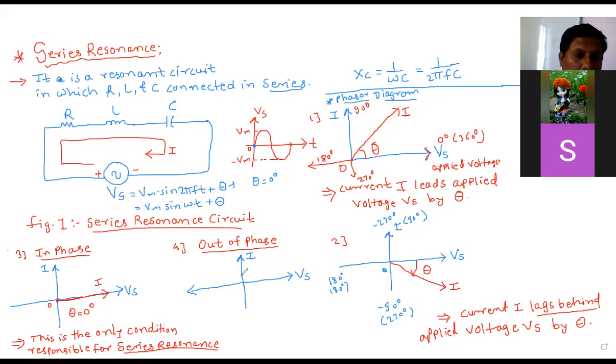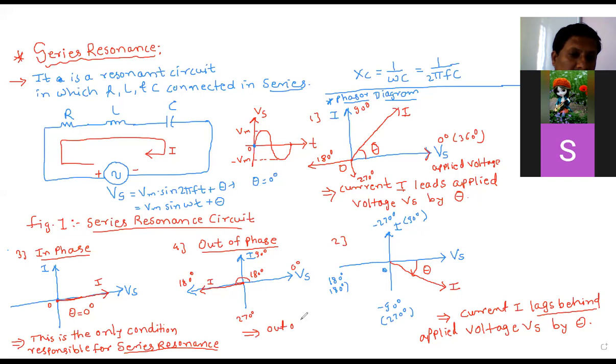So if this is 0 degree, this is 90, this is 180 degree, this is 270, if you are moving anti-clockwise. Clockwise जरी घेतला तरी तो 0 degree, -90, -270. So when the current I will come on this axis, म्हणजे यांच्या दोन्हीचा डिफरन्स किती झाला? 180 degree. So if the phase difference between voltage Vs and current I is 180 degree, then this condition is called as what?